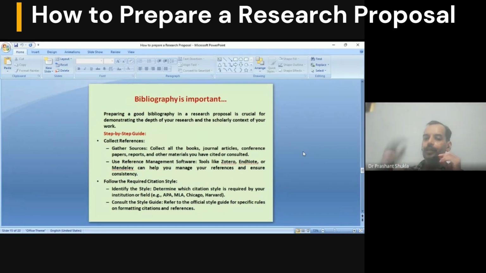You have the mind map, the flow chart already prepared in your mind. That is why the tentative chapter division is there. And then comes the bibliography. Well, bibliography is important because preparing a good bibliography in a research proposal is crucial for demonstrating the depth of your research and the scholarly context of your research.